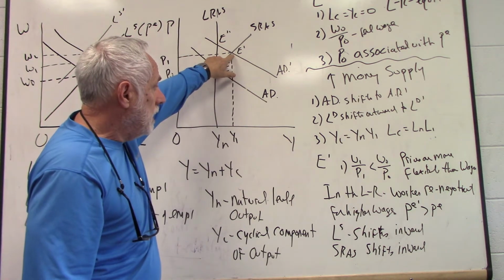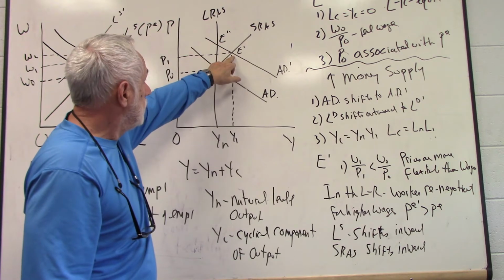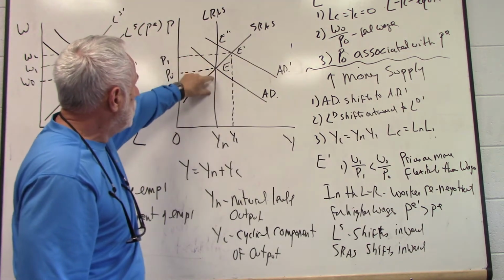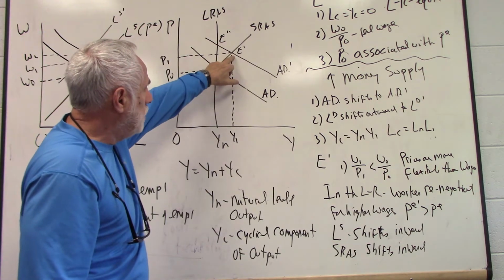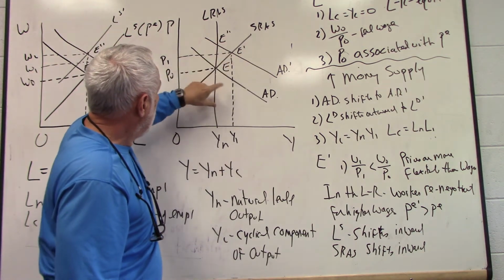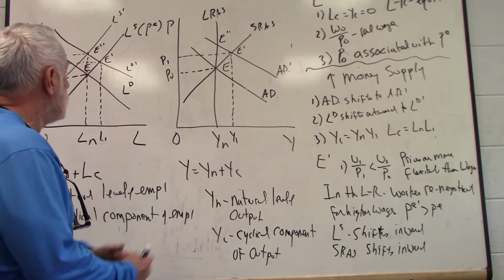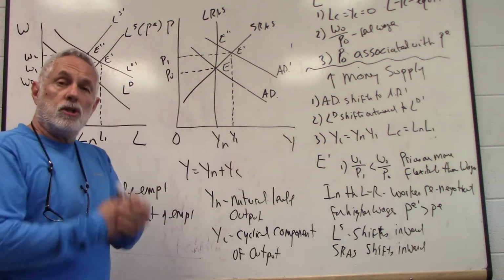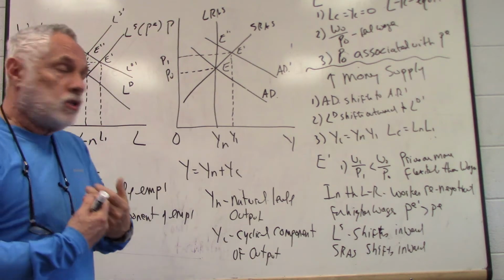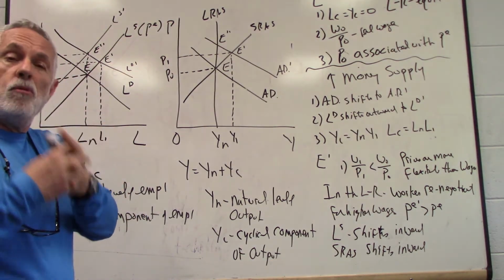Okay? Now, E prime is short run equilibrium. Okay? Because we're no longer intersecting the three curves, we're at E prime, where we now have prices starting to rise and output starting to rise. Okay? At the same time, as the demand for goods and services is rising, what we assume is that firms have to borrow more, firms have to hire more workers.